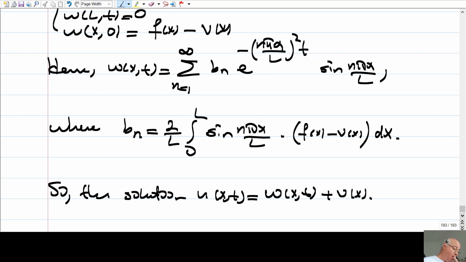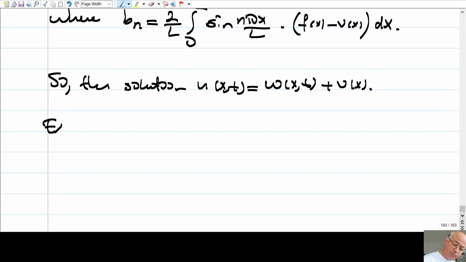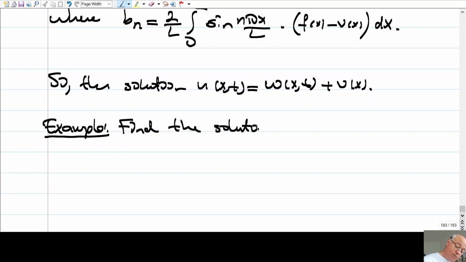Okay, let's do one example. Find the solution of the boundary value problem.